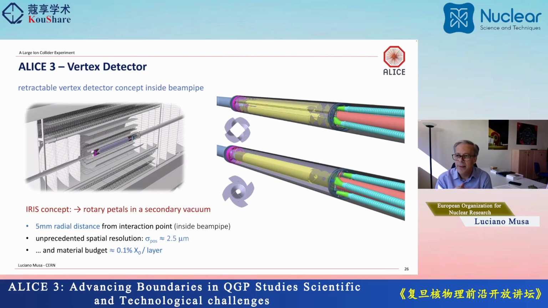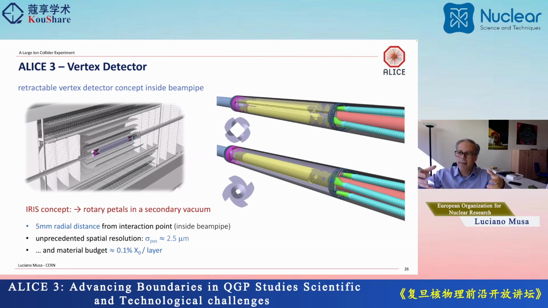But in a barrel configuration, this is extremely challenging because you have to put it inside a beam pipe, and you have to have a mechanism to open up the detector and close it around the interaction point.